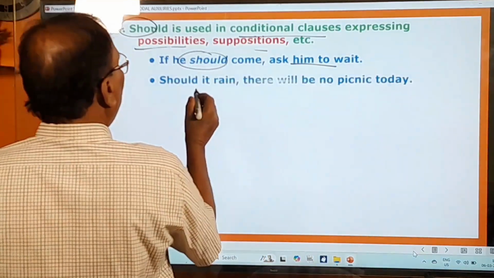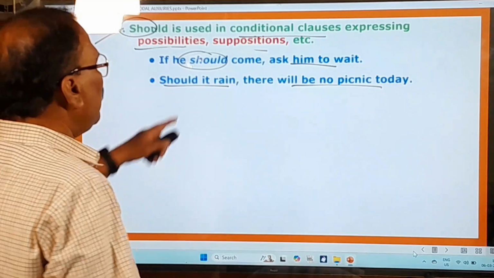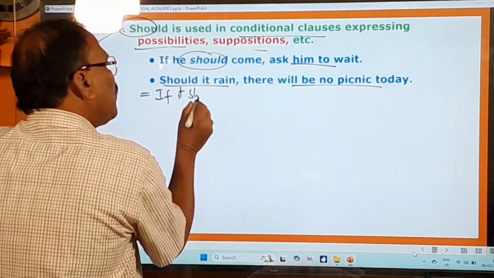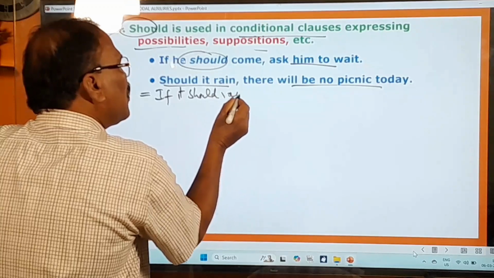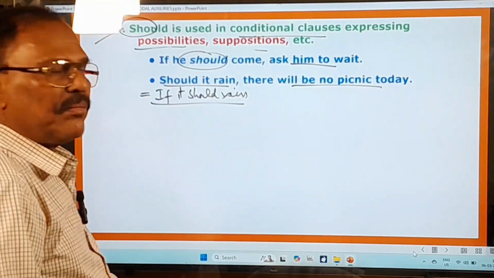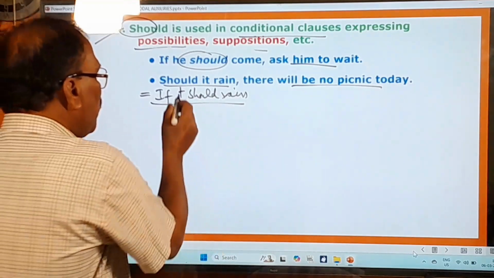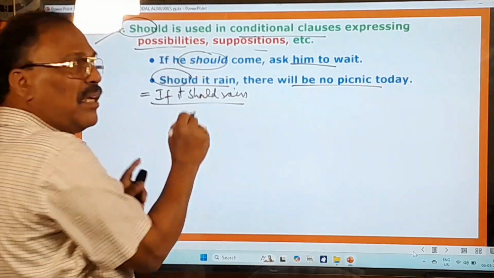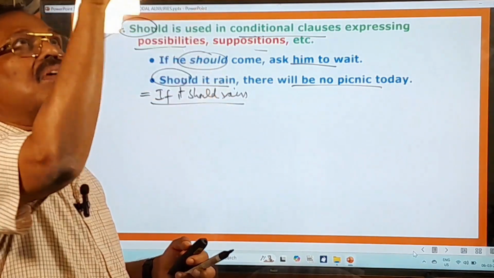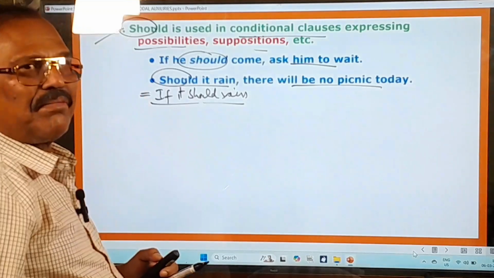Okay, and should it rain, there will be no picnic today. Should it rain means, so that means if it should rain, that should be the right sentence. If it should rain, వర్షం కురిసినట్టయితే, meaning is the same, but since you are using this should, you have to think in that way. వర్షం కురిసినట్టయితే means కురిసే ఛాన్స్ లేదు, ఒకవేళ కురిస్తే, that is the Telugu meaning.